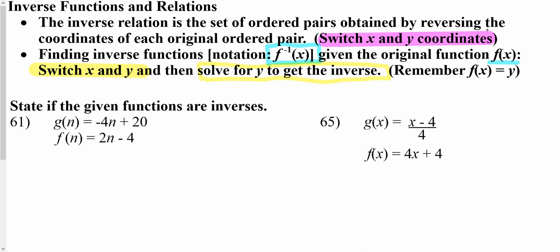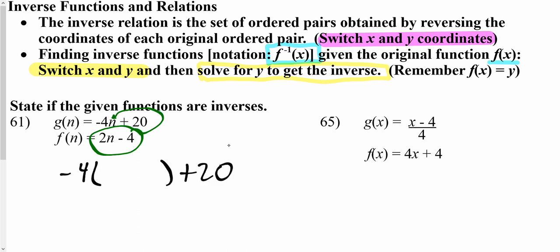Now, one other thing you need to be aware of is you can see if things are inverses or not by taking one function, plugging it into the other to see if everything cancels out except for your variable. So we're going to basically do that composition of functions. We're going to take this and plug it in right here to see if it works. Well, our original function is this. And we're going to plug that other in, the 2n minus 4.